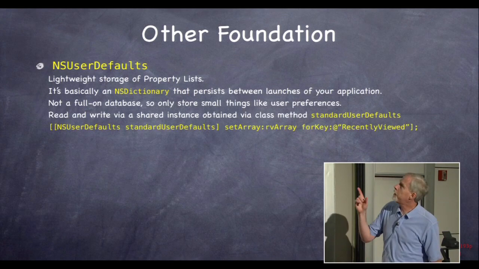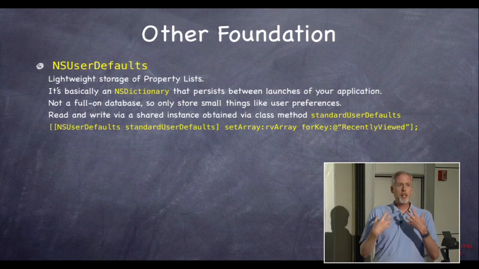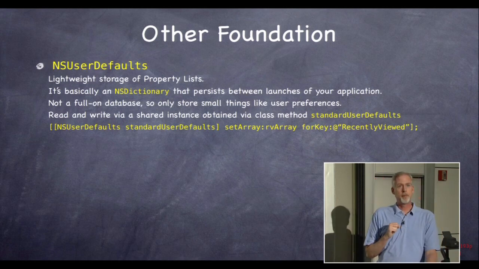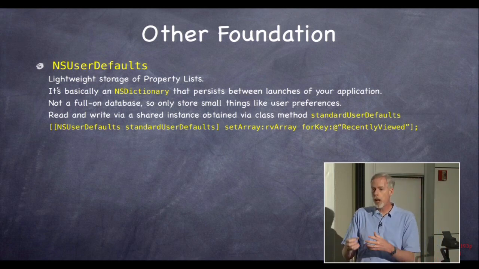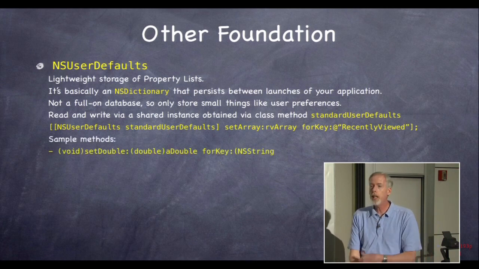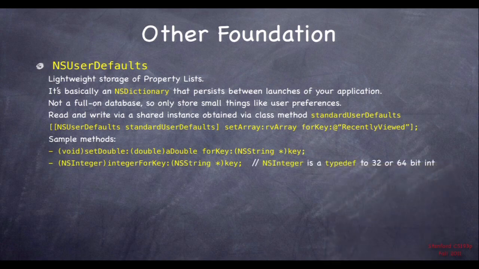You read and write by calling this class method in NSUserDefaults called standardUserDefaults. It gives you an object and you send it messages like setArray:forKey:. So it's kind of like a dictionary, but it's got specific messages like setArray for key, set a double for a key, set an int for a key, get an integer for a key. Set an object for a key.